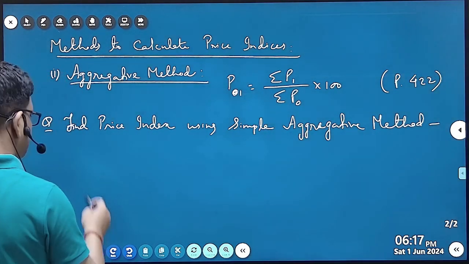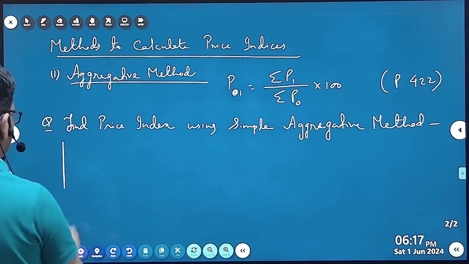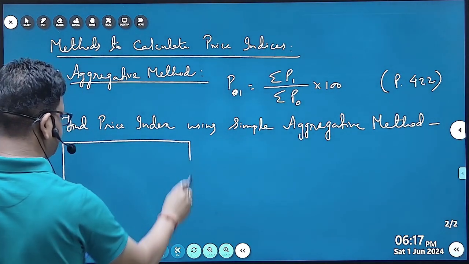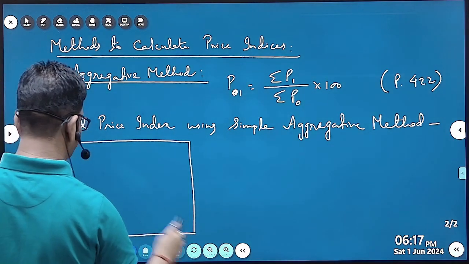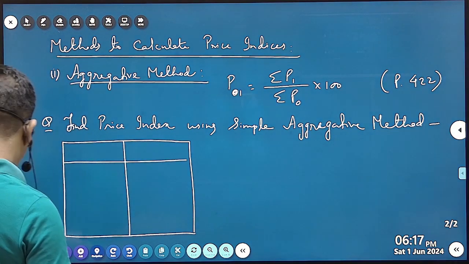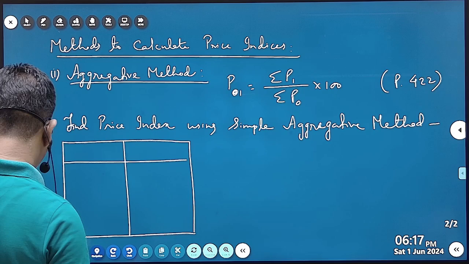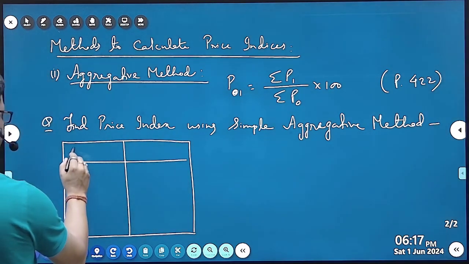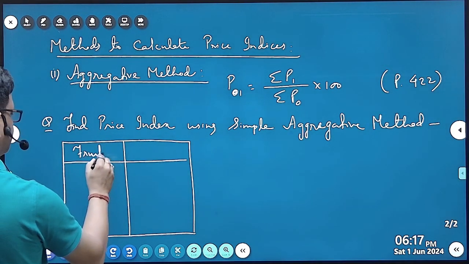All right. So I make a table here. Done. So these are, suppose, names of some particular fruits.